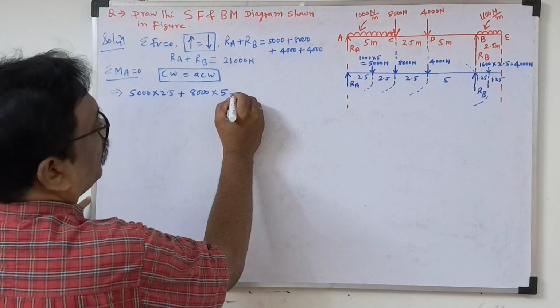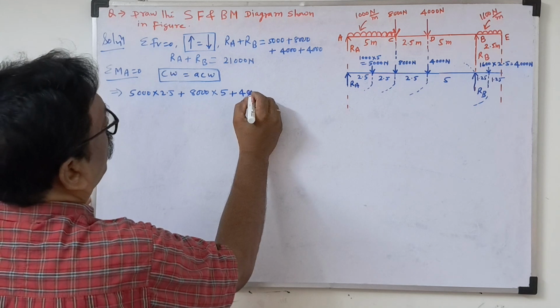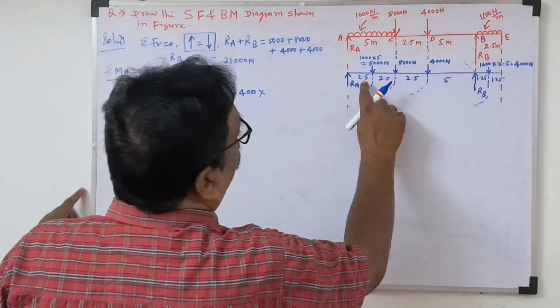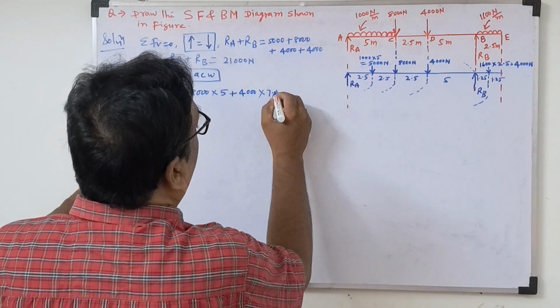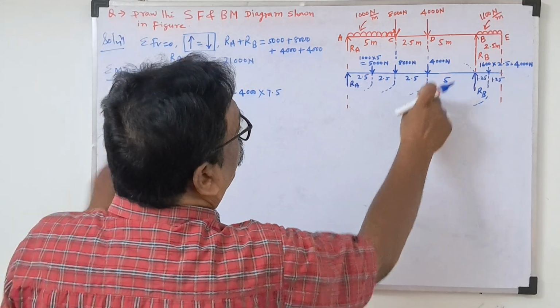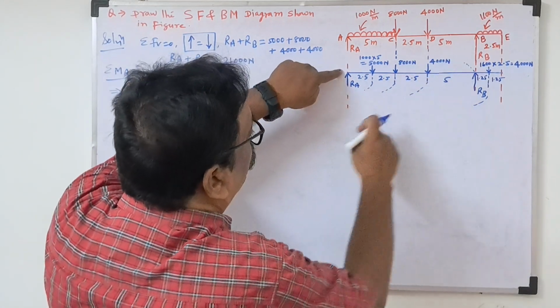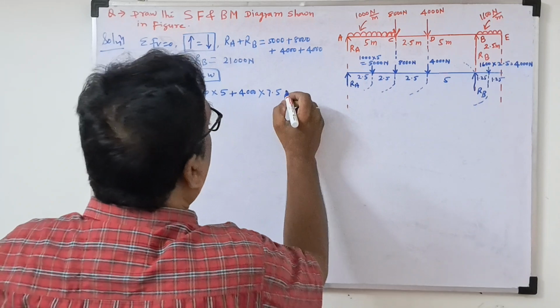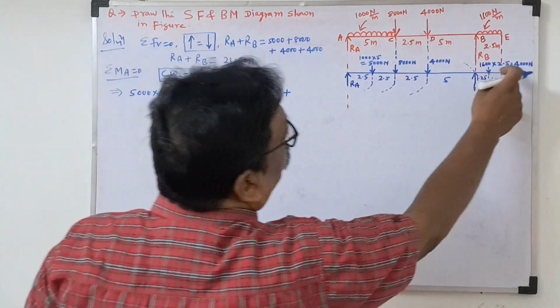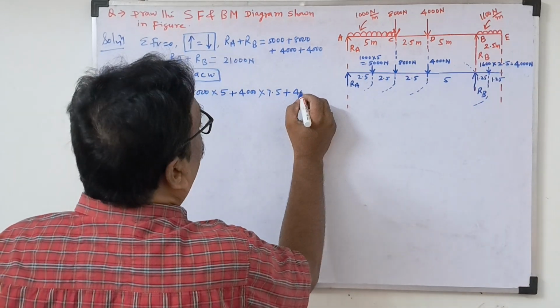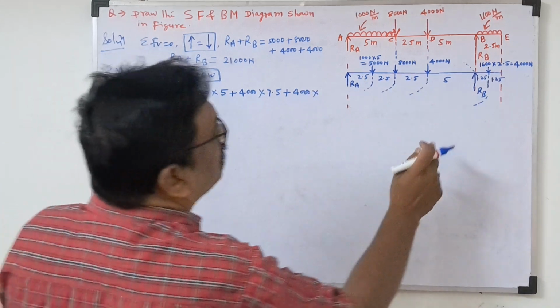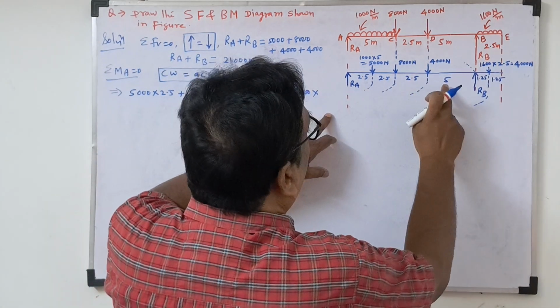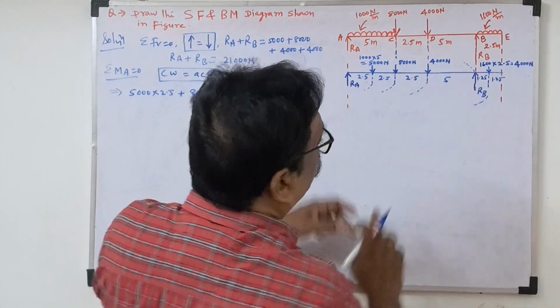So again plus 4,000 into total distance 7.5, force into perpendicular distance 7.5. Now plus again 4,000 into total distance, which will be 12.5 plus 1.25.